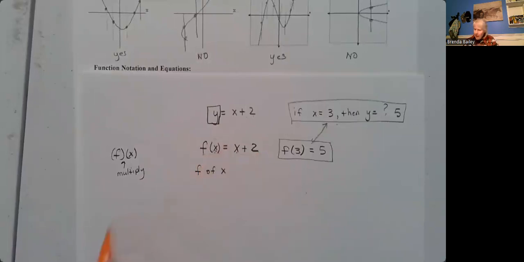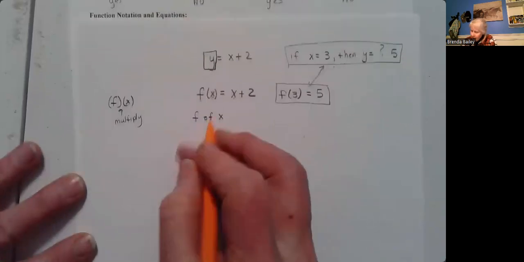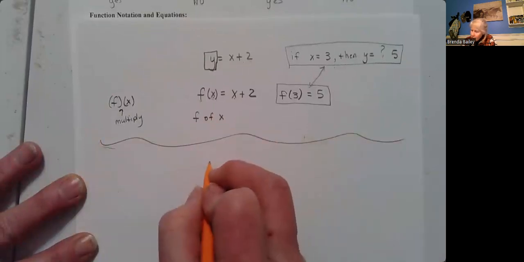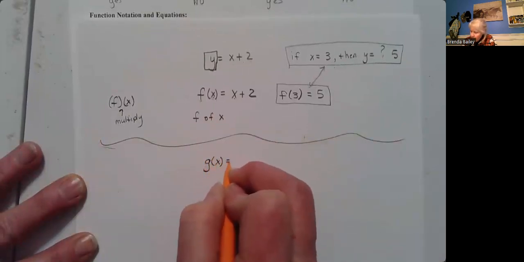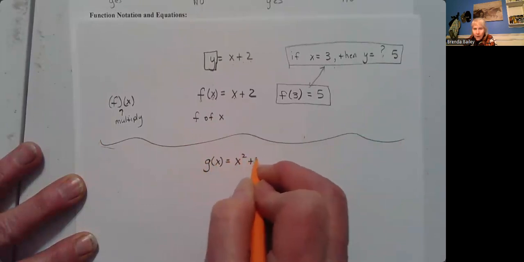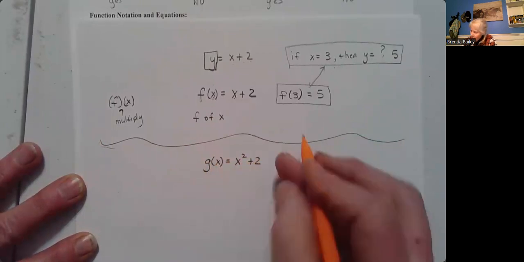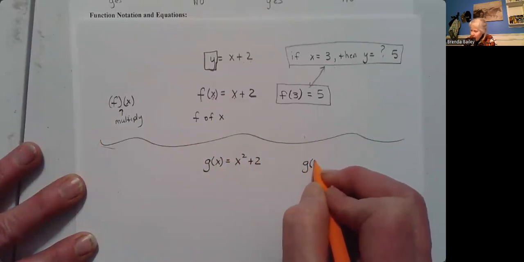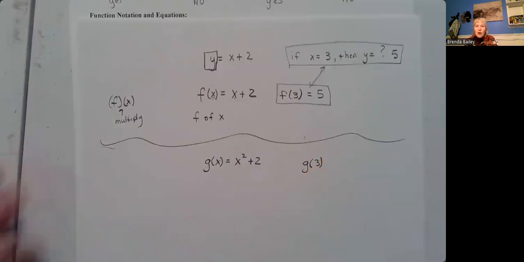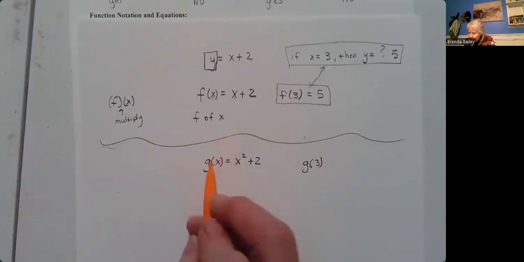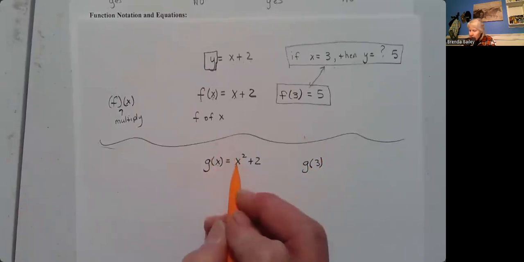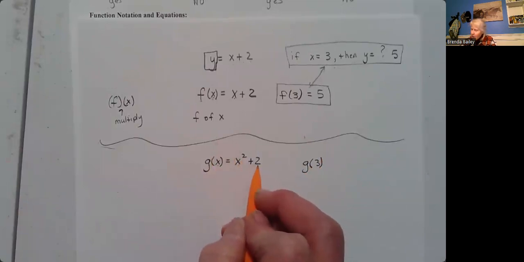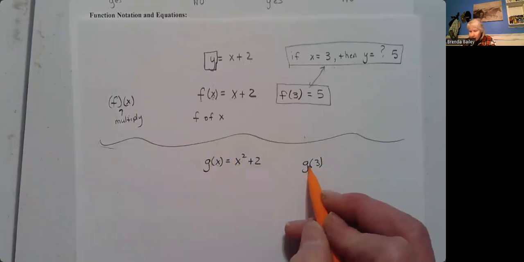Now, you don't always have to use f. So let's say I have another one. Let's do another example. Let's say I have g of x equals x squared plus 2. And I want to know what g of 3 is. Okay, what is g of 3? Now notice I'm using of, I'm not going g times x. G times 3, it's read g of x is equal to x squared plus 2. What is g of 3?